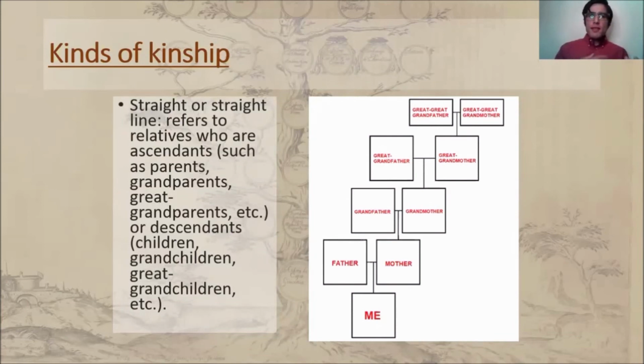We have straight lines to explain our ascendants or descendants. I would just like to highlight two terms in Spanish. From our 4th grandparents in Spanish, we use ordinal numbers and so on.